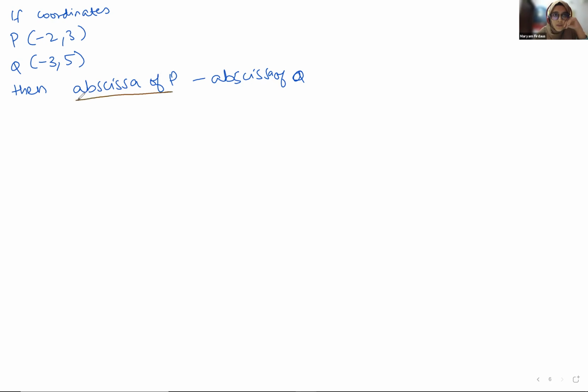So what is the x coordinate of P? Ma'am, minus 2. Minus 2. What is the abscissa of Q? Minus 3. So let me write minus 3 here.